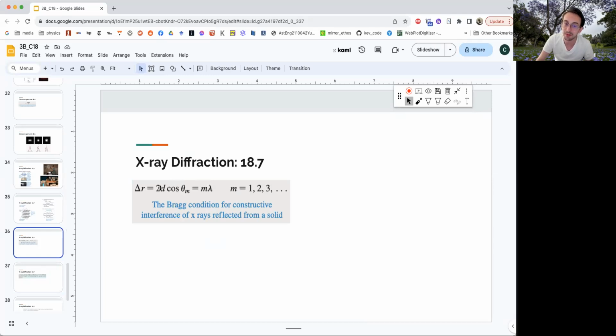So for everything else held constant, the lambda and d held constant, a smaller angle will be a bigger m. This is a really weird thing about how they define the angle. This is why I think the book is a little wonky here. But I want you to be able to match their notation, so if they ask you for an angle in homework, you can calculate the angle they want.